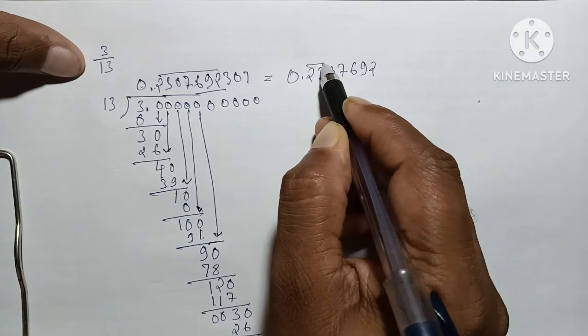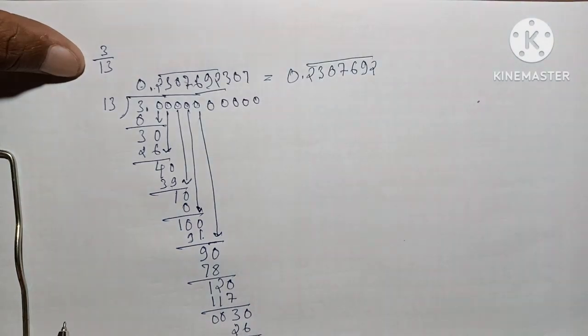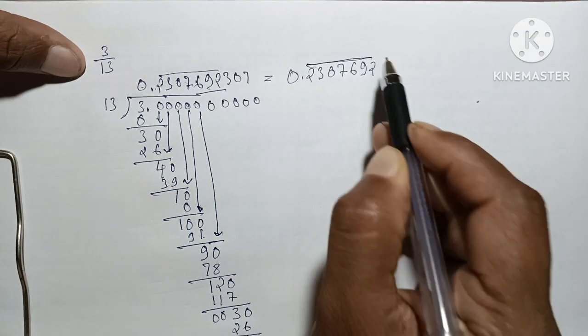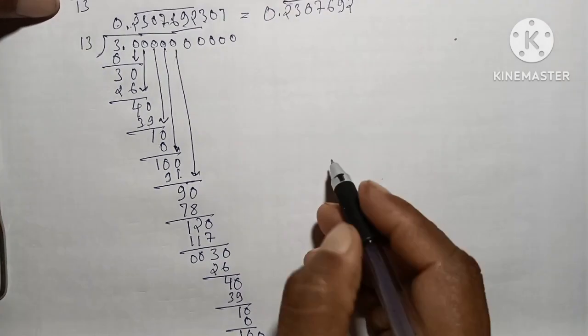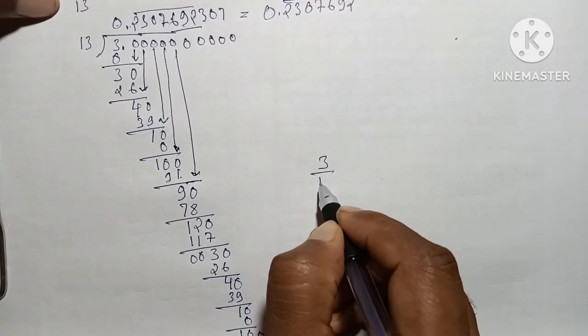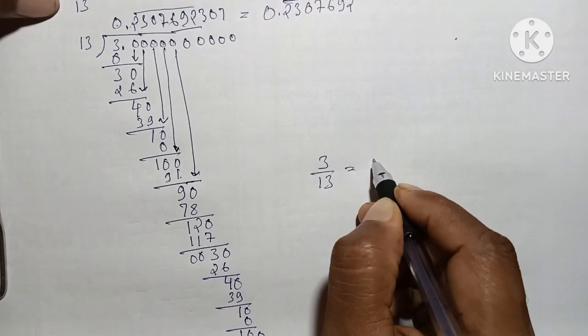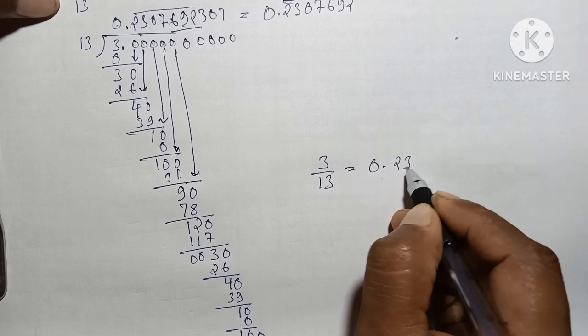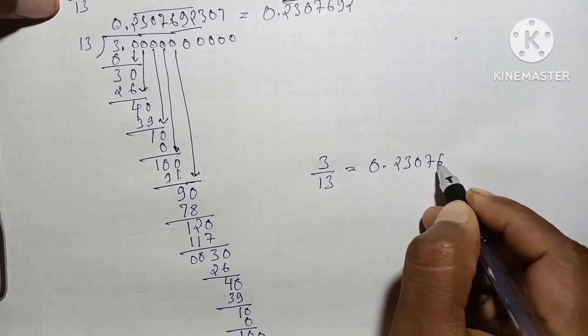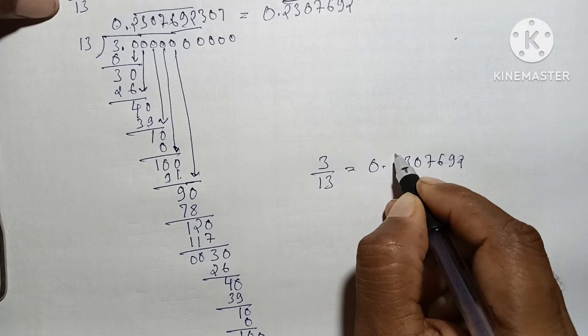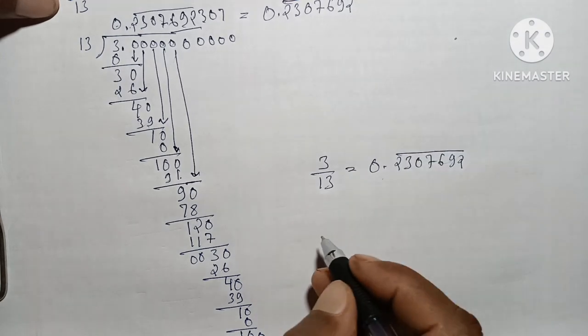0.2307692 is our repeating block. It means that 3 by 13 is equal to 0.2307692 repeating.